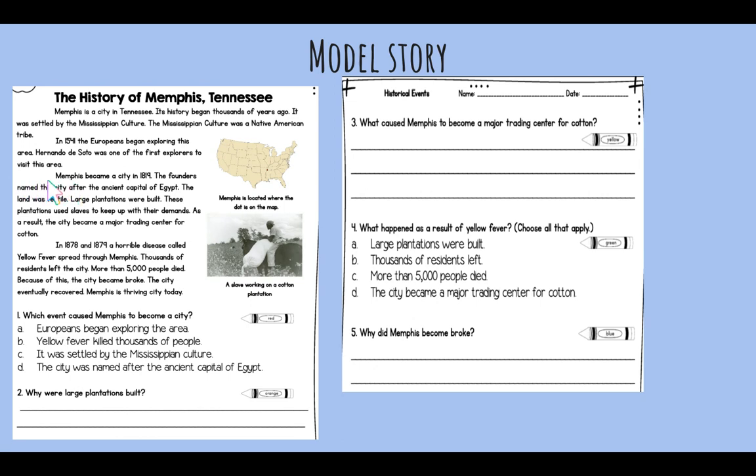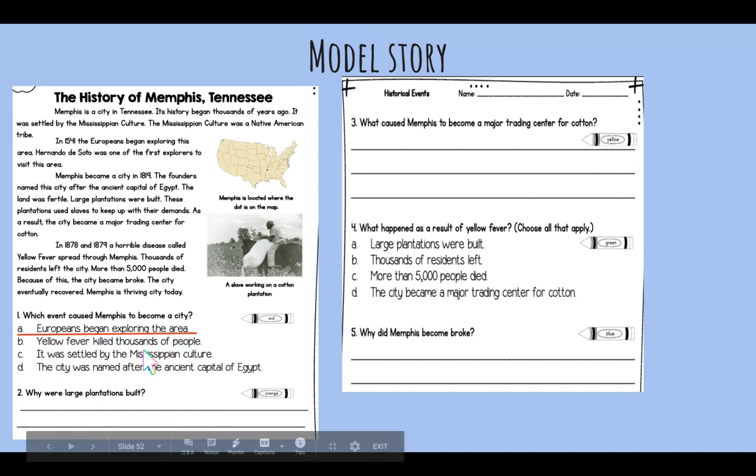And then if I come on down here, it says later that Memphis became a city in 1819. So people started exploring the area, and then it officially became a city, which is really cool. Okay, so our answer looks like it is correct. So our answer is A. Europeans began exploring the area.